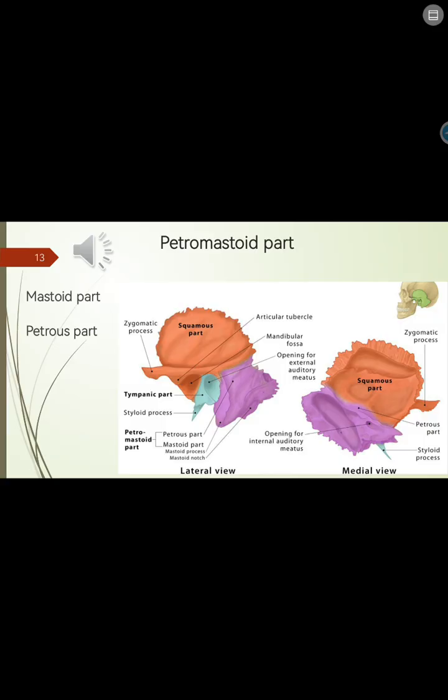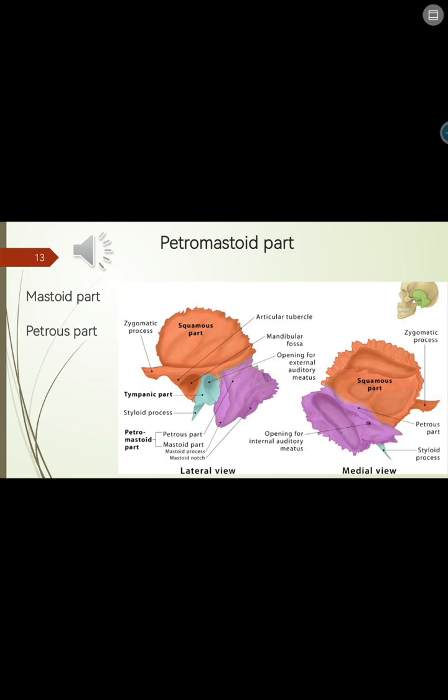Another part of temporal bone is petromastoid part. The petromastoid part of temporal bone morphologically one element, is described as two parts, namely mastoid and petrous parts.